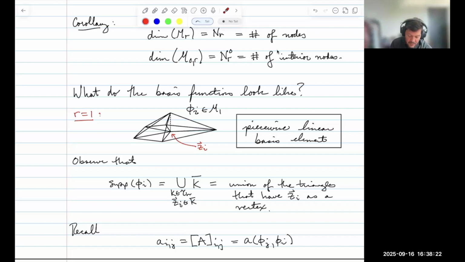Over those triangles, it's transitioning from 0 up to 1, from 0 up to 1, and so on. So even in 2D, this is called a tent function. It looks like a little tent.